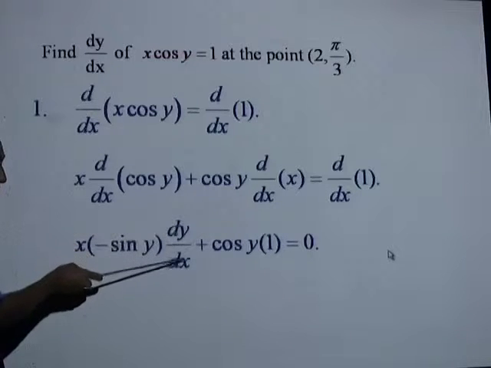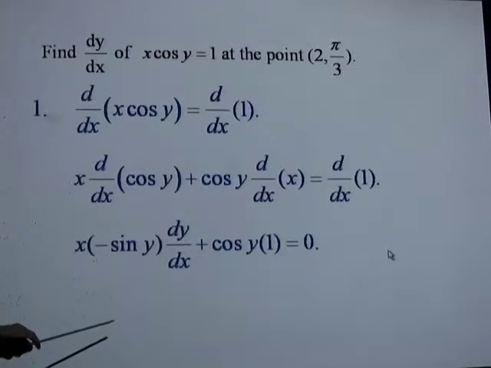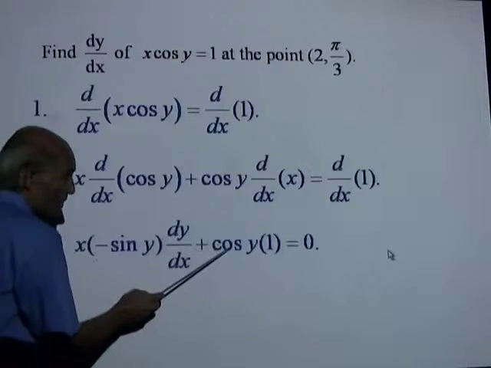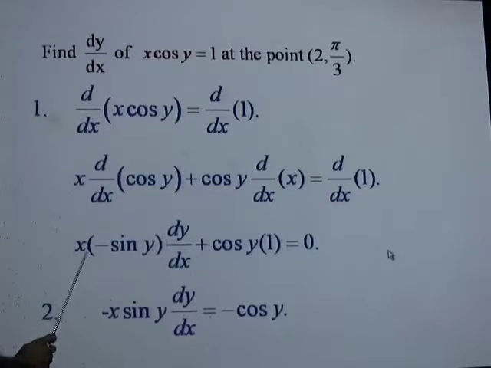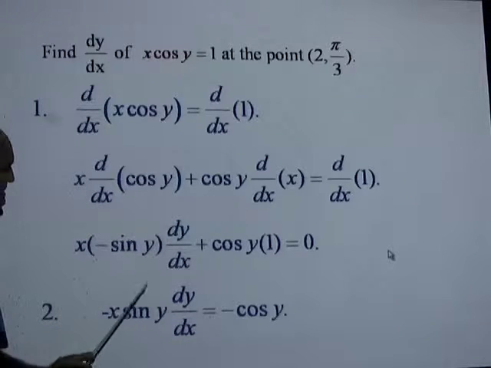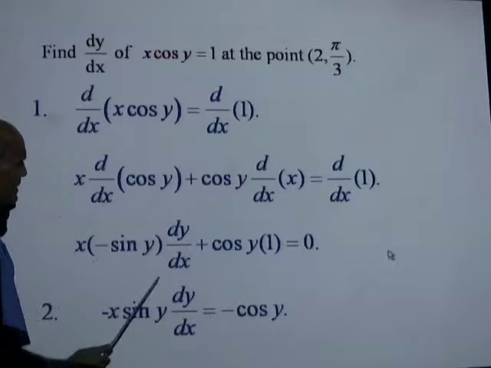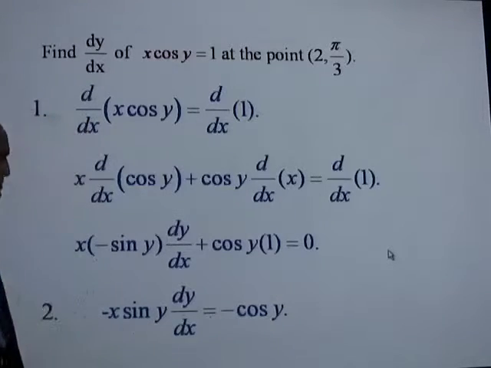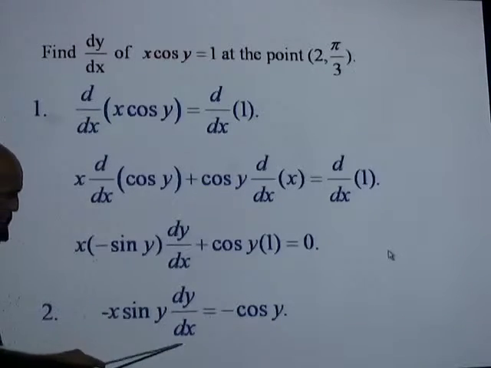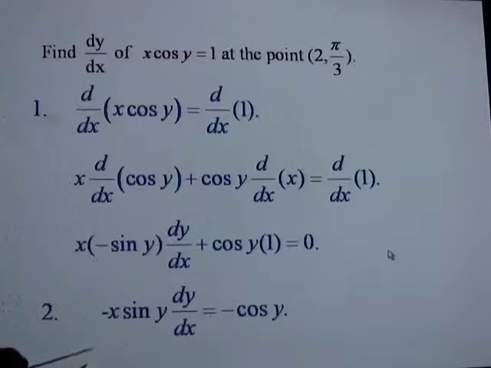And we need to solve for dy by dx. So what do we do? Take this to the right hand side. There you go. So that will be negative x sine y dy by dx, that is this term, equal to negative cos y. We can now solve for dy by dx.